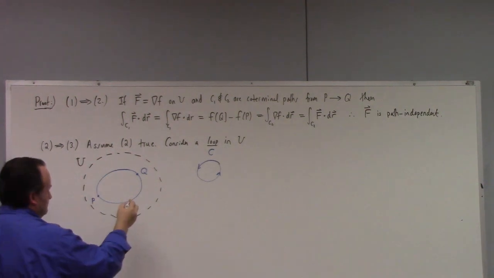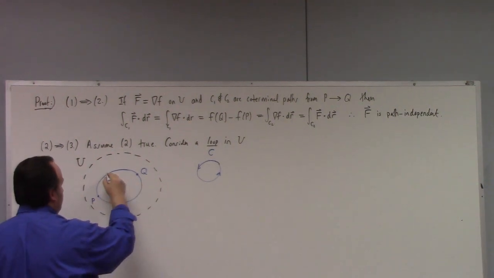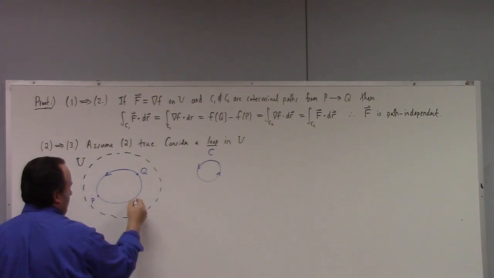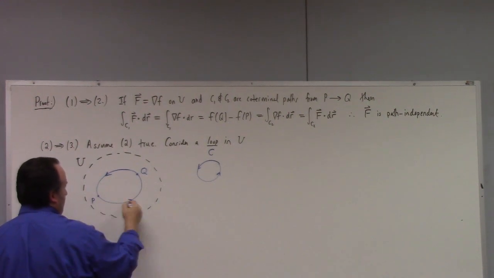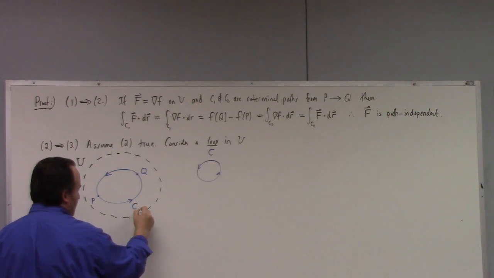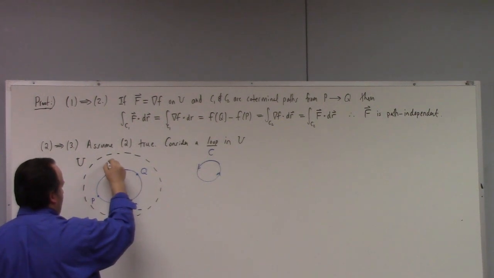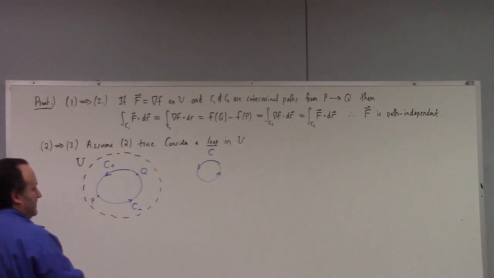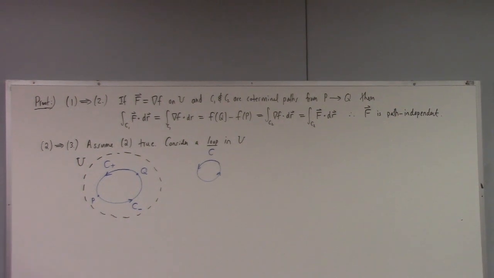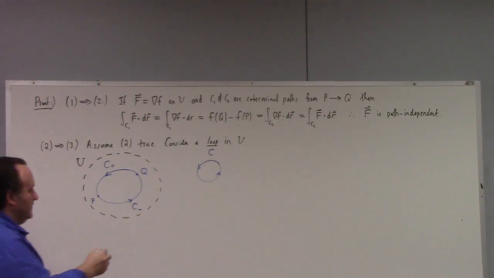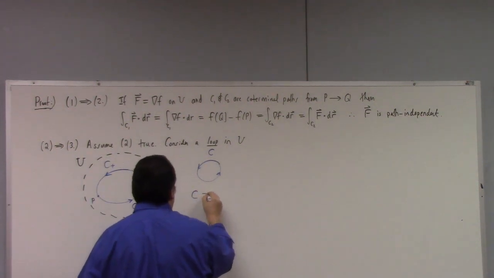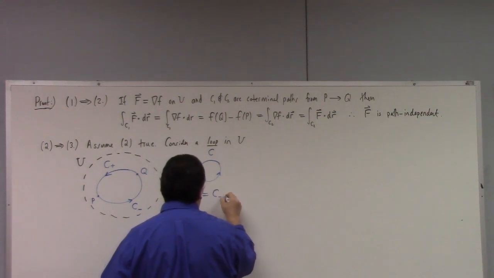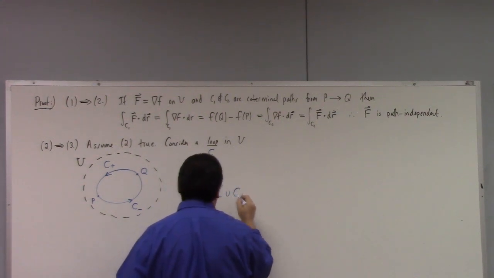Okay, so let's say the lower half of the loop is C minus, and the upper half of the loop is C plus, right? So C is equal to C minus union with C plus, right?